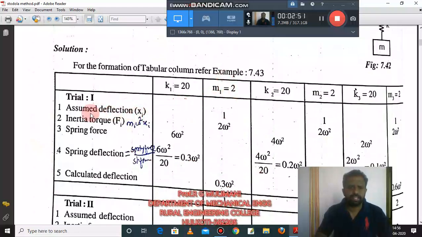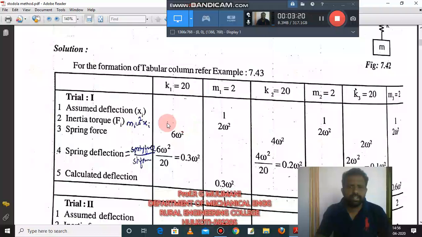First, in the first row, it is the assumed deflection. You have to assume the deflections of the masses, that is 1, 1, 1. You may assume different values also. The assumed deflection of mass 1 is 1, mass 2 is 1 and mass 3 is 1. It is an assumed value.